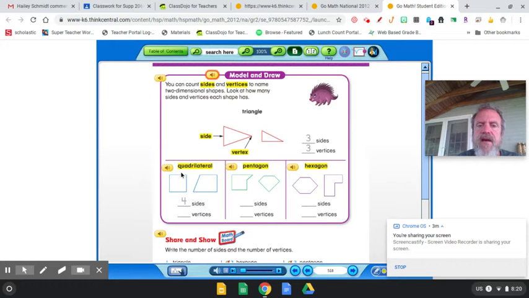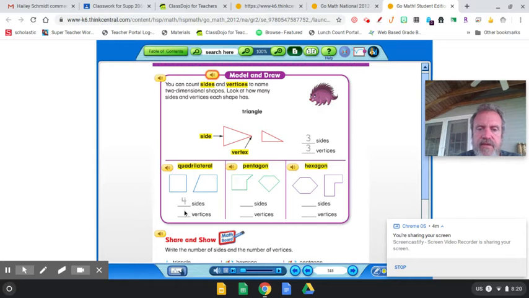Okay, let's look at this special word. This is a quadrilateral. We just said it on the last page. It's any closed shape with straight lines that has 4 sides. 1, 2, 3, 4. 4 sides.